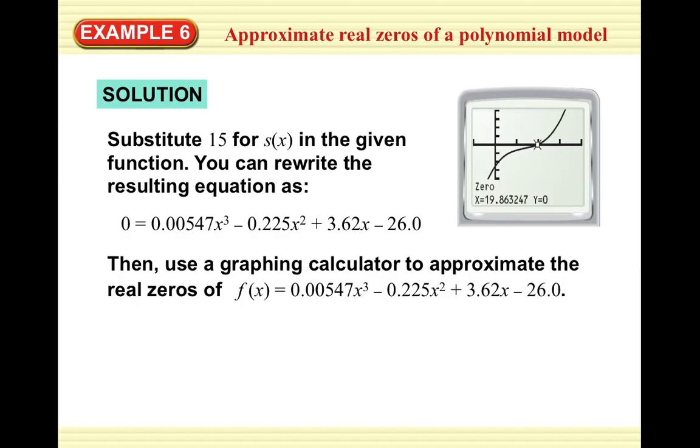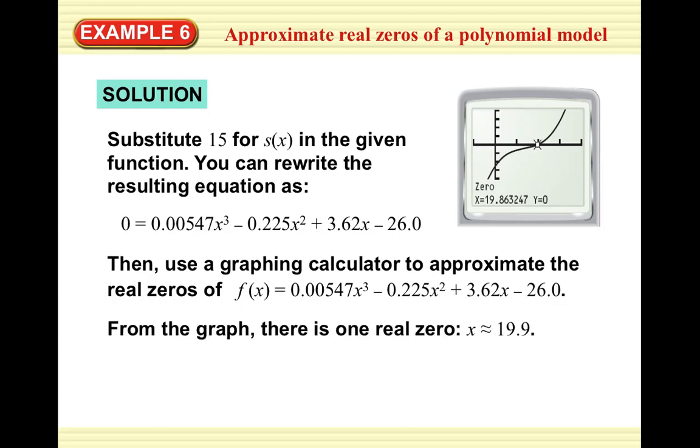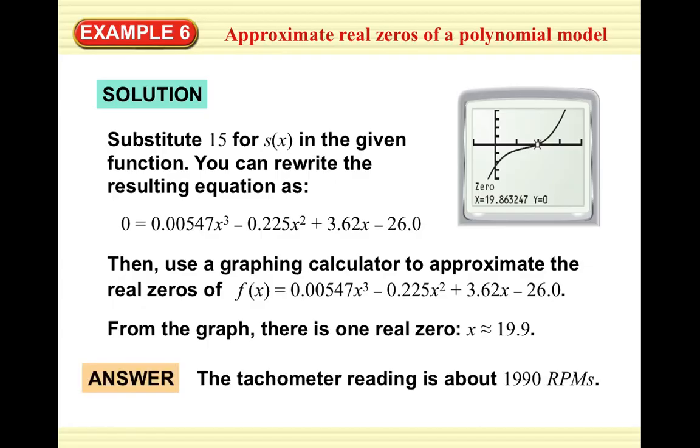So by solving for the real zeros, we are able to determine that this is our solution. So from the graph, there's only one real zero at approximately 19.9. So the tachometer reading is about, because this was in hundreds of RPMs, 1,990 RPMs, revolutions per minute.